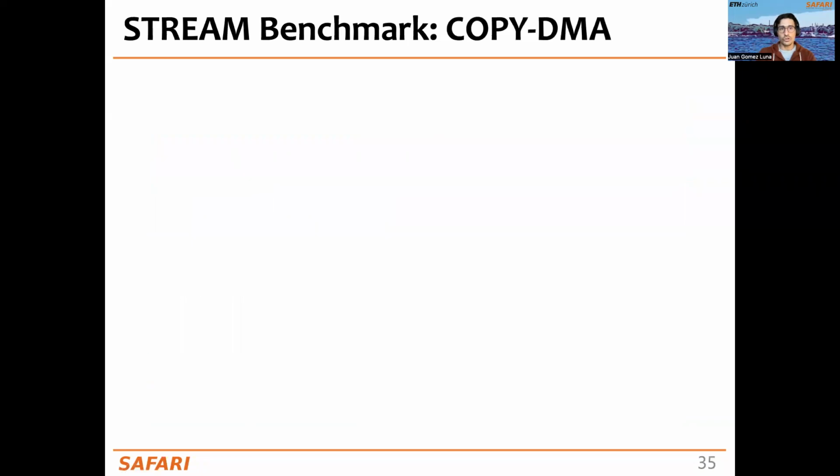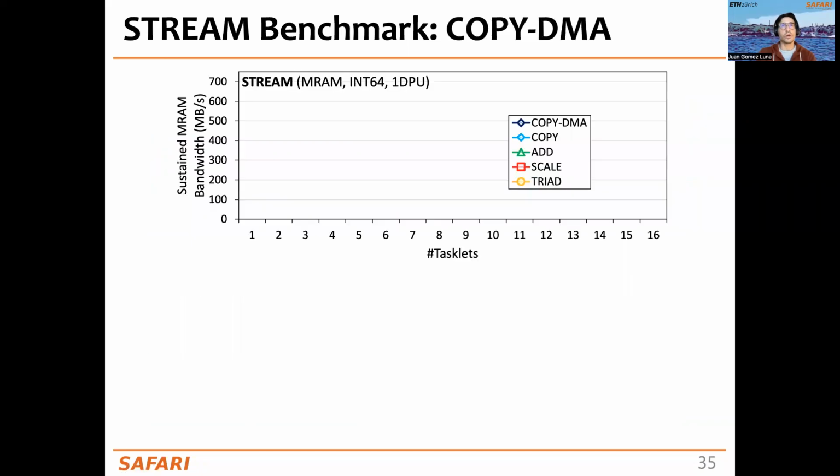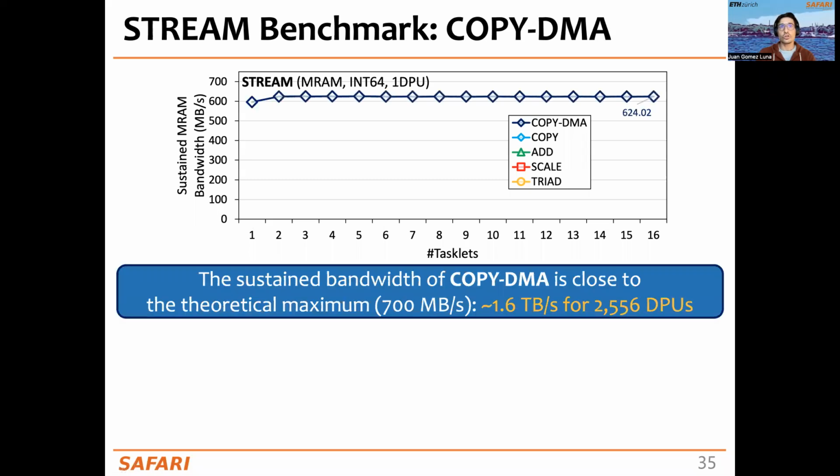Let's take a look at the results of the stream benchmark. First of all, the copy DMA benchmark. Notice here that we have in the x-axis a number of tasklets between 1 and 16, and in the y-axis the sustained SIMDRAM bandwidth in megabytes per second. These are the results for the copy DMA benchmark. As we can see, we are very close to the maximum theoretical bandwidth of 700 megabytes per second.